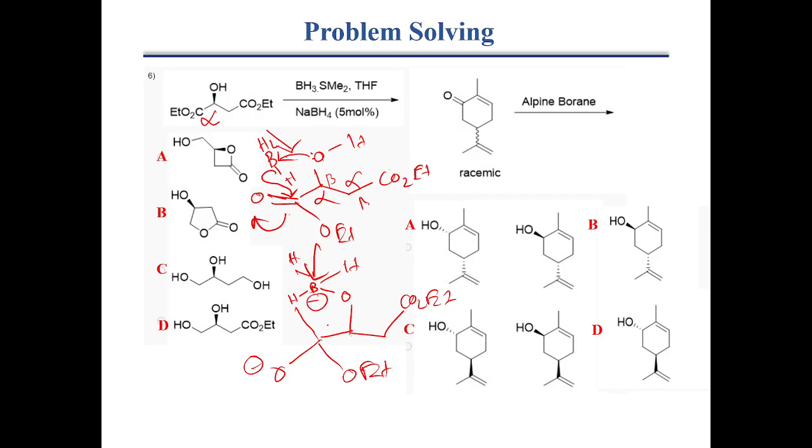So due to this stable boron heterocycle, this ester will be reduced, not this ester. So now what happens in these cases? This will go further, as NaBH4 is catalytic, or the boron further reduces this aldehyde to alcohol.